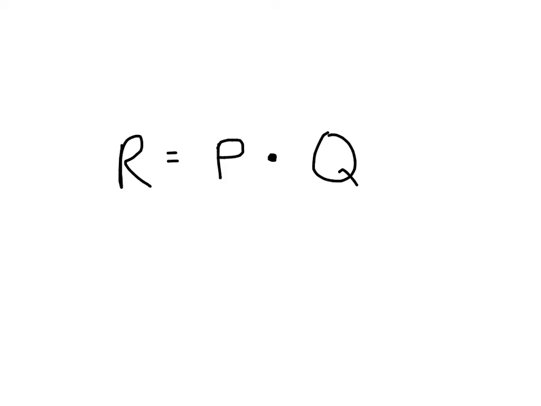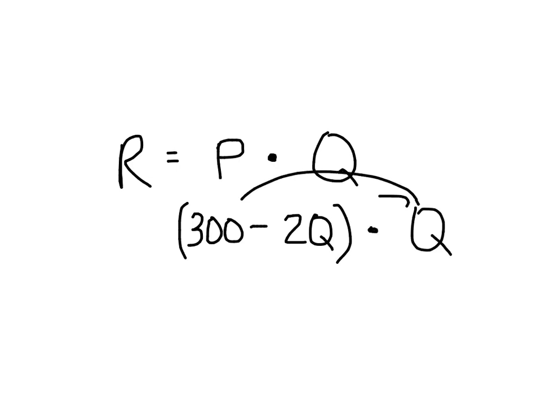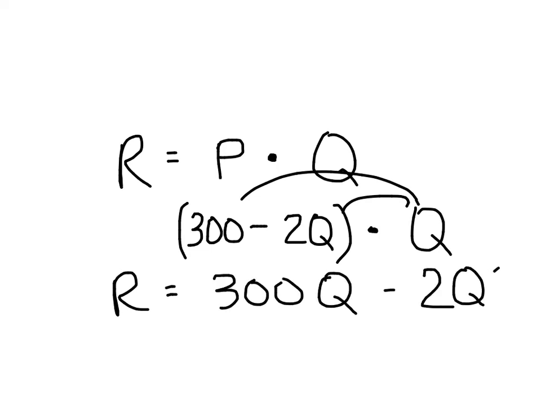It says in the recall that revenue is price times the quantity sold. So if the price is 300 minus 2Q, and this is Q, distribute, so that the revenue would equal 300Q minus 2Q squared. And then from there you can answer B and C.